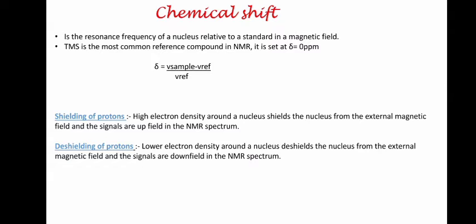Shielding of protons. High electron density around a nucleus shields the nucleus from the external magnetic field, and the signals are upfield in the NMR spectrum. Deshielding of protons. Lower electron density around a nucleus deshields the nucleus from the external magnetic field, and the signals are downfield in NMR spectrum.